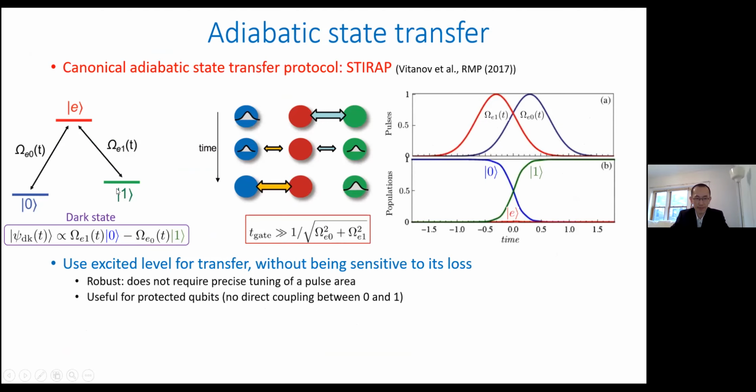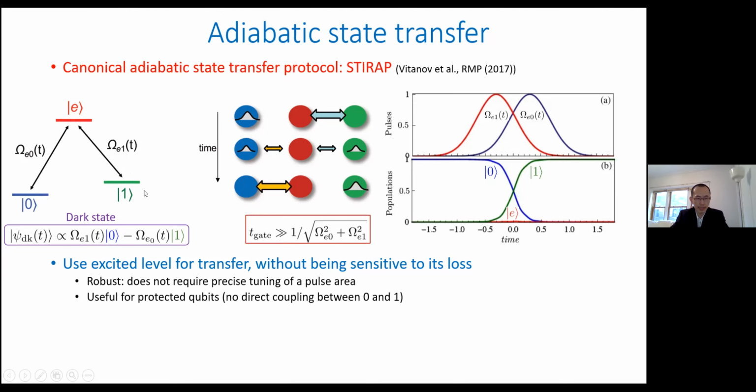They do not have direct coupling with each other, and they talk to each other only via a common excited state. So we can transfer the state from 0 to 1 by using a time-dependent field that couples the states 0 and E, and also another time-dependent field that couples 1 to E.